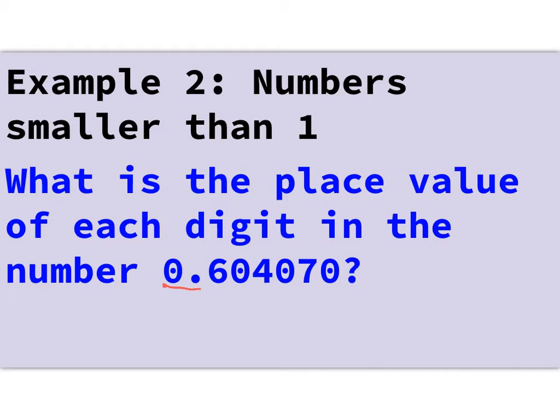So how do we read this number? So we start at the very end. We have 604, 70 millionths, and you'll tell by the chart that we have, and this will make sense.